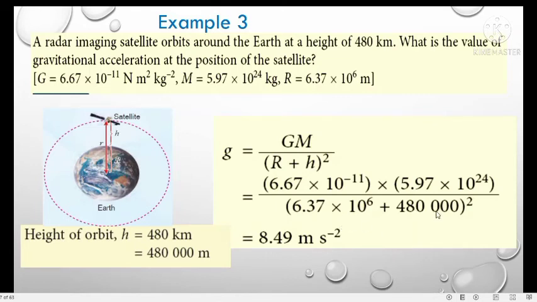Units must be the same: if here is meter, then here also meter, because the final unit is also meter second to the power negative 2. So you solve this and you will get g equals 8.49 meter second to the power negative 2. You can see the satellite is further from the center of the Earth, or from the surface of the Earth, thus the value of g is smaller than 9.81.